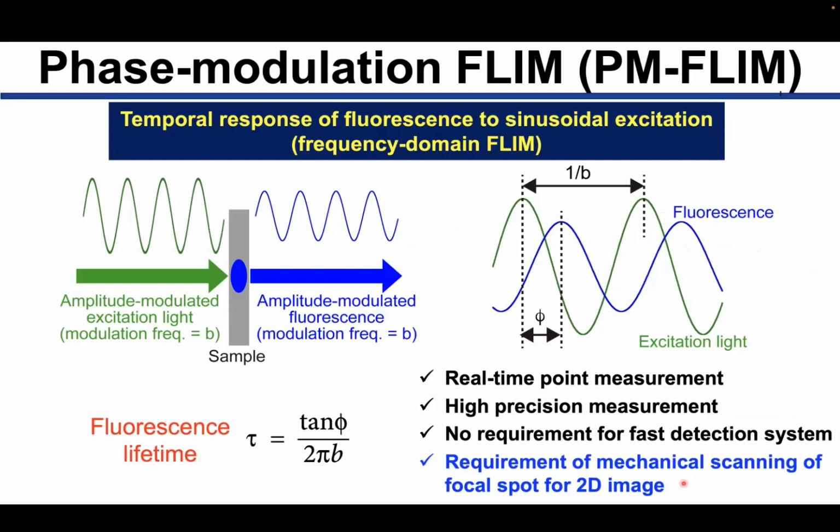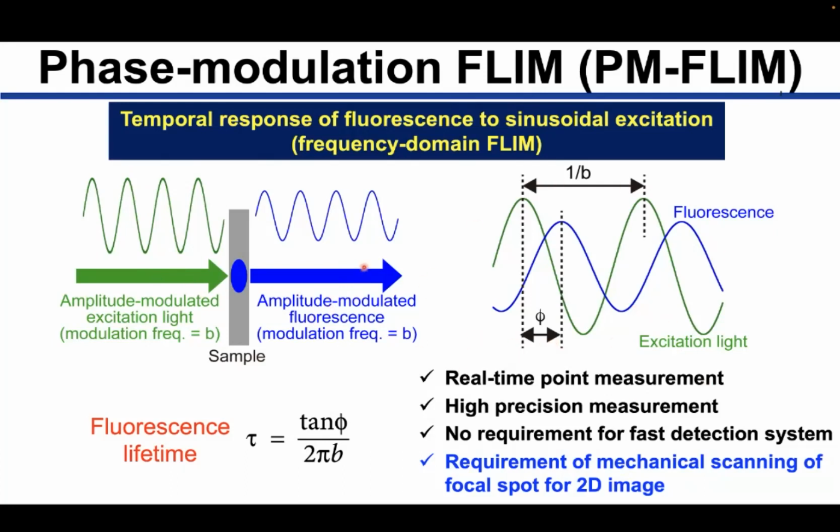Another type of FLIM is phase modulation, or PM FLIM, which is a frequency domain FLIM measuring a temporal response of fluorescence to sinusoidal excitation, like here. A sample is excited by a modulated excitation light at the modulation frequency of F. The resulting fluorescence is also modulated at the same frequency of F in synchronization with the excitation light, like here.